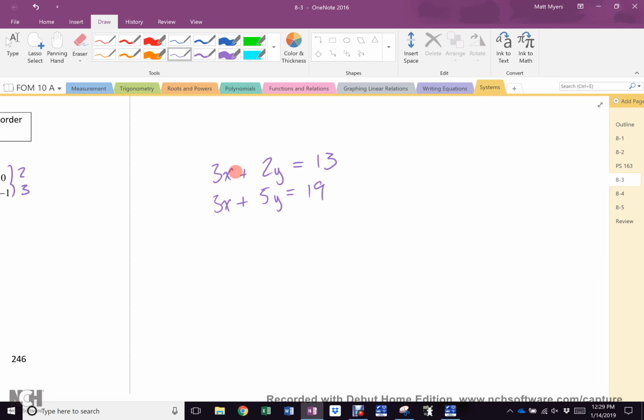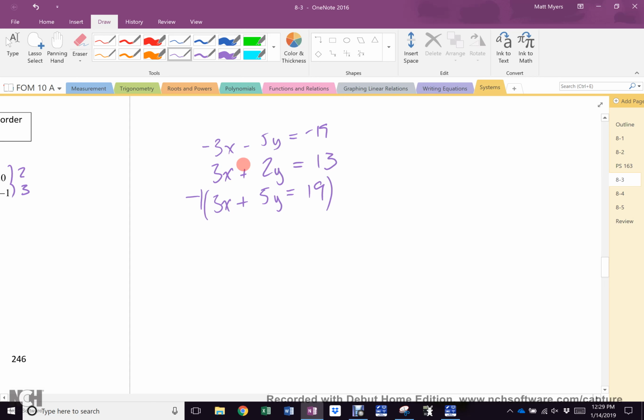Jacob? You could. You could also subtract. Everybody with me? Well, if you add, nothing's going to eliminate. But if you multiply by -1 and add, you're going to get -3x minus 5y equals -19. Then you can add.